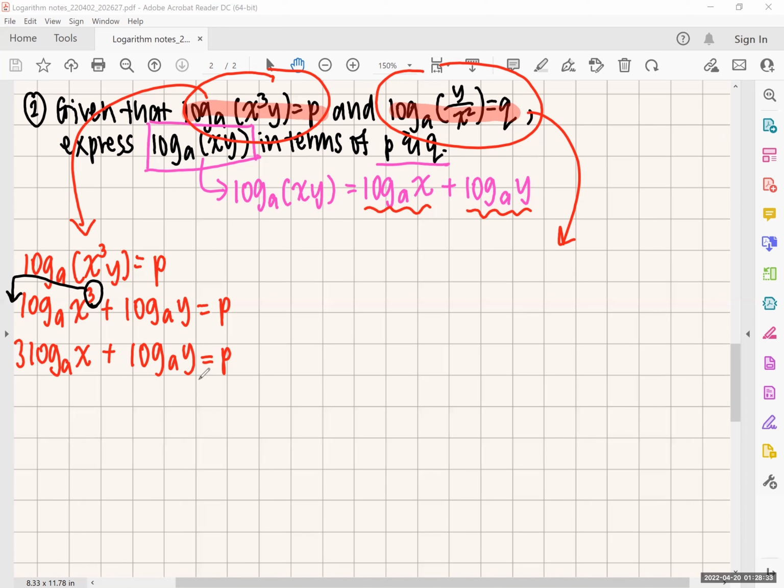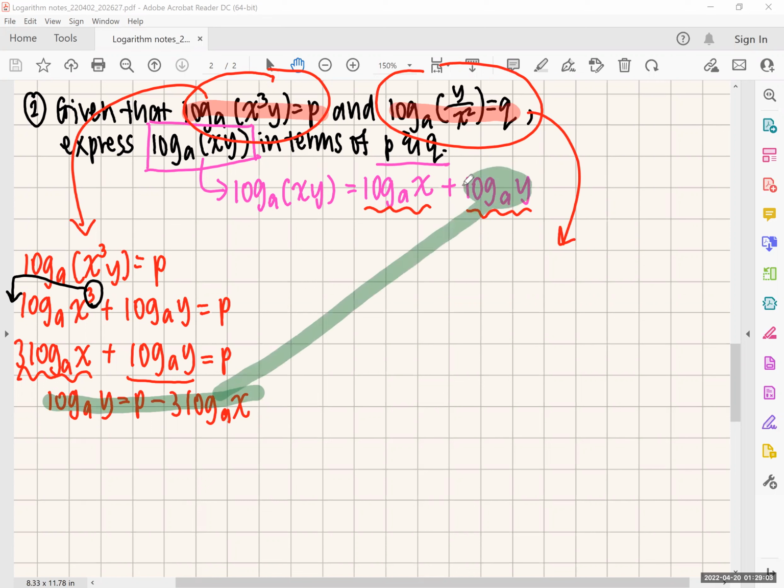So hence, I will not make log A x the subject. Instead, can you see log A y is already on its own? I'll just make log A y the subject. I'll bring the 3 log A x over. So hence, from here, I have log A y, which is perfect, because this log A y, which is equal to this, I can put it inside here later. Okay, so now, next I'll do this step.